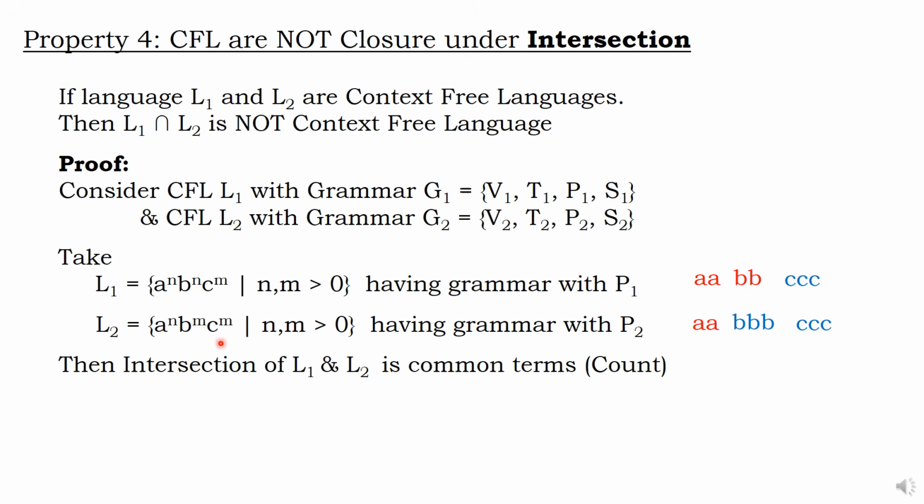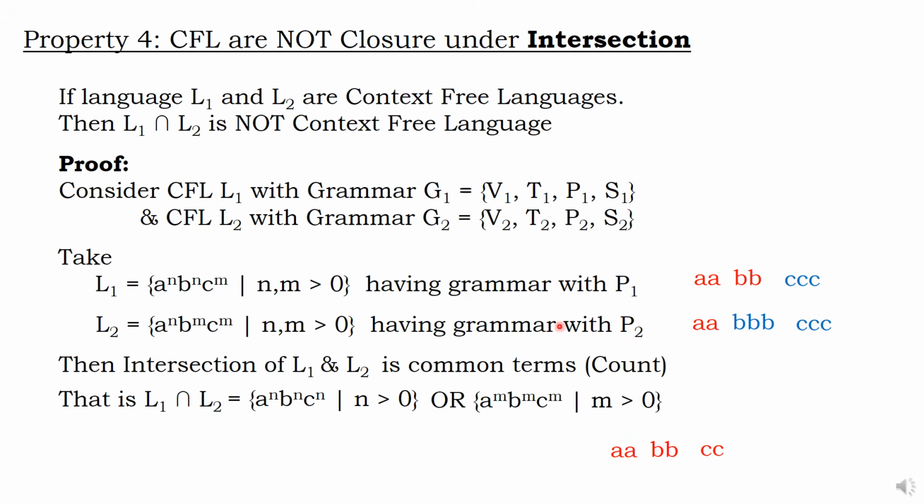We will try. The intersection has the common count. If I take L1 intersection L2, it should be either a power n, b power n, c power n, which is not satisfying, or a power m, b power m, c power m, which is also not satisfying.